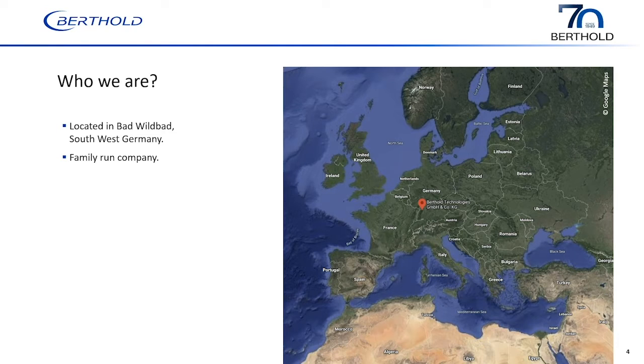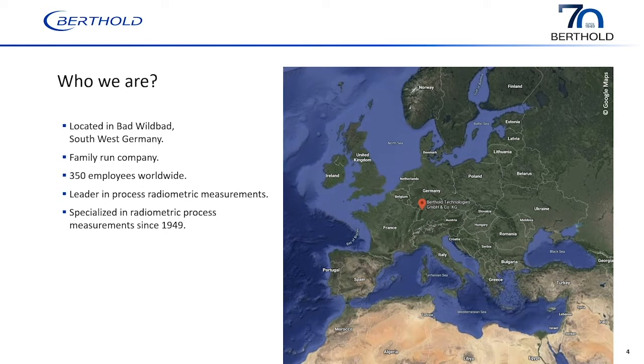Berthold is a family-run company with about 350 employees worldwide. We see ourselves as the leader of process measurement equipment based on radiometry, and we have been doing this type of measurement for more than 70 years now. Globally, we have more than 20,000 nuclear gauges in operation.